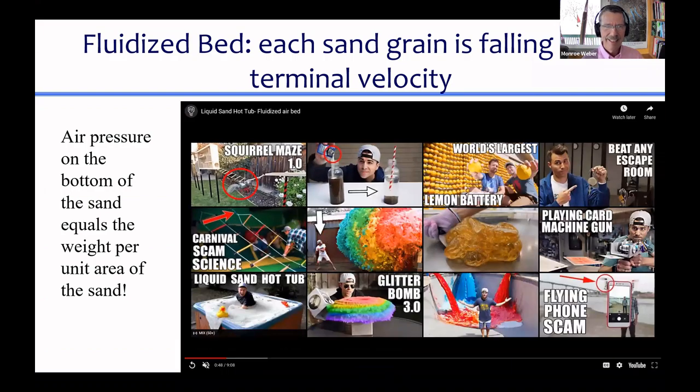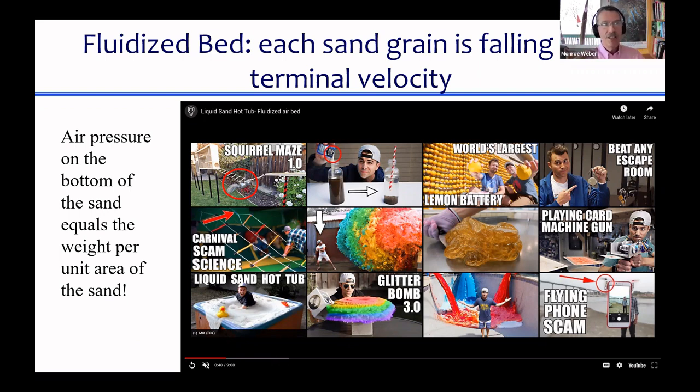And what happens in a fluidized bed is the fluid pressure pushing up on the bed from the bottom exactly matches the weight of the media, the sand, per unit area. So that the pressure pushing up exactly matches the weight divided by the area, which is a pressure pushing down.